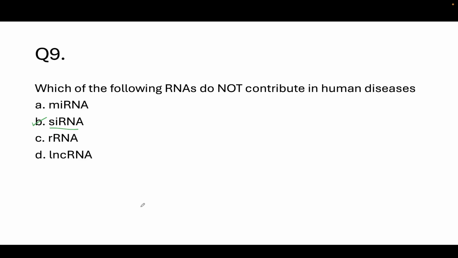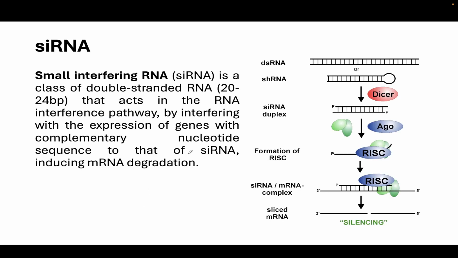Also, this small interfering RNA is a class of double stranded RNA, that is 20 to 24 base pair, that acts in the RNA interference pathway by interfering with the expression of genes with complementary nucleotide sequence to that siRNA, inducing mRNA degradation. We already talked about the acting mechanism of siRNA, but let's discuss it again so that it will be helpful to everyone.